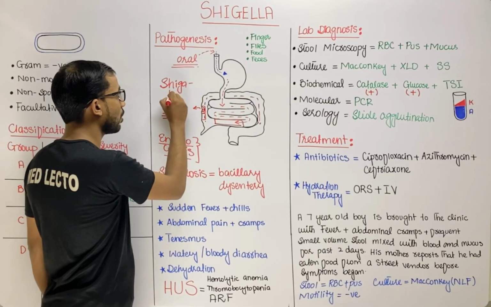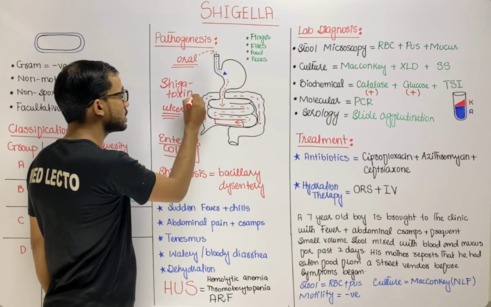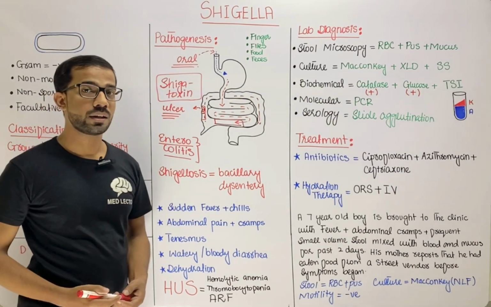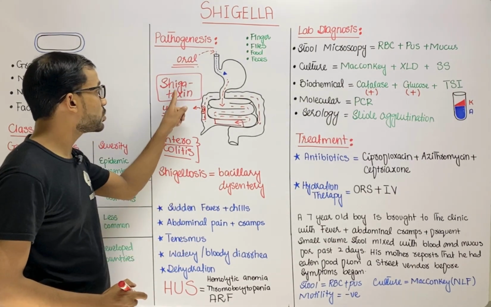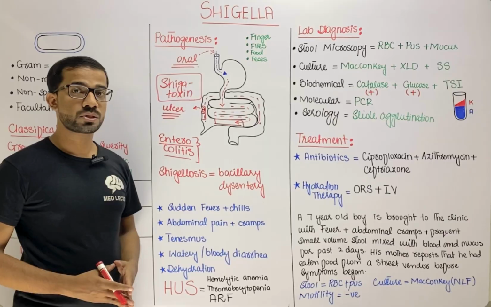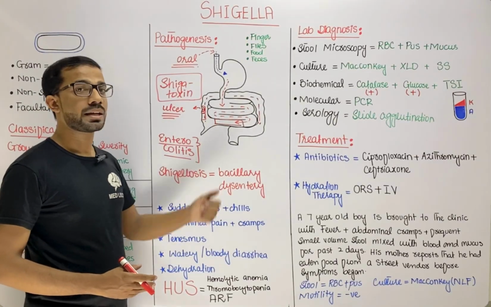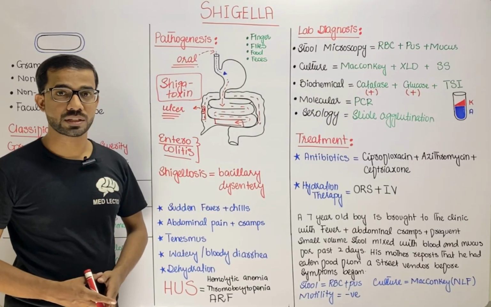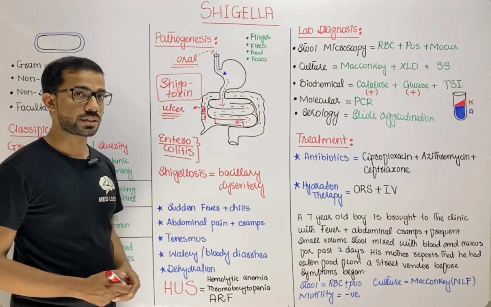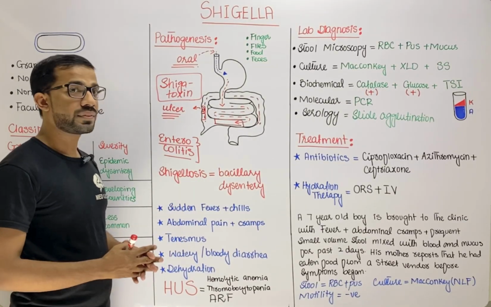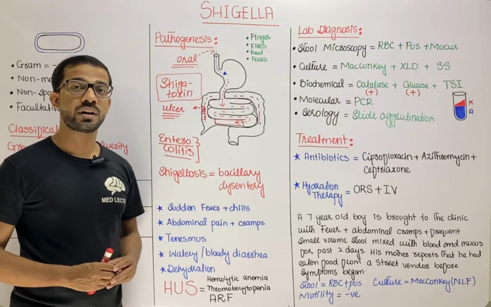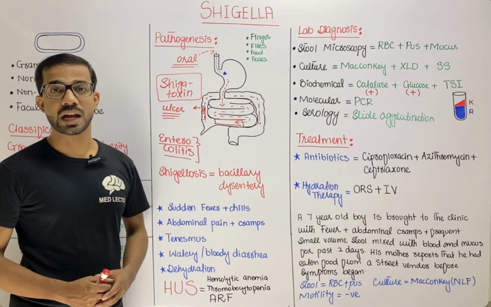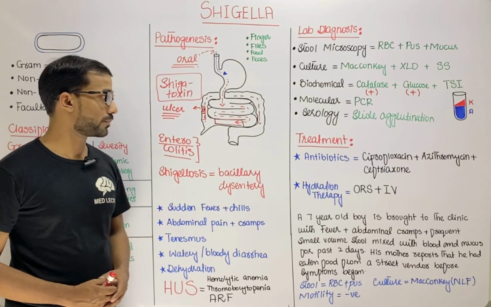Shiga toxin. We can also say enterotoxin because it is present in our gut or small intestine. So Shiga toxin also attacks the enterocytes, and it inhibits protein synthesis in our enterocytes. So this is how this bacteria enters our small intestine and causes bloody diarrhea, or you can say dysentery.